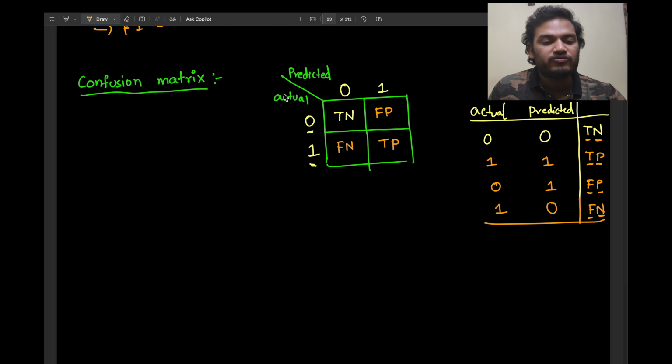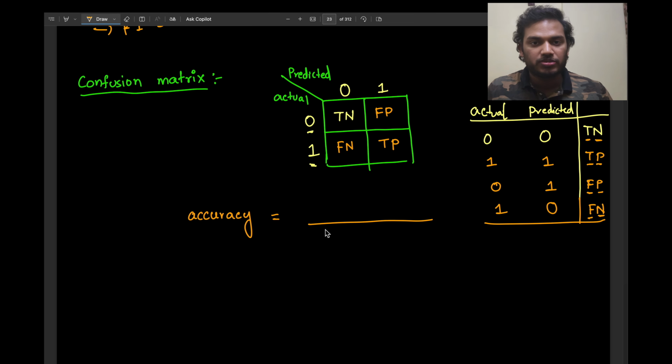Like that, we can simply identify true negatives, true positives, and false negatives. Now, with the help of this confusion matrix, can you tell me what my accuracy formula will be? What will we have in the denominator? In the denominator, we'll have the total number of data points. And what are my data points over here? Those are true negatives, false positives, false negatives, and true positives. All of these will be my data points, right?